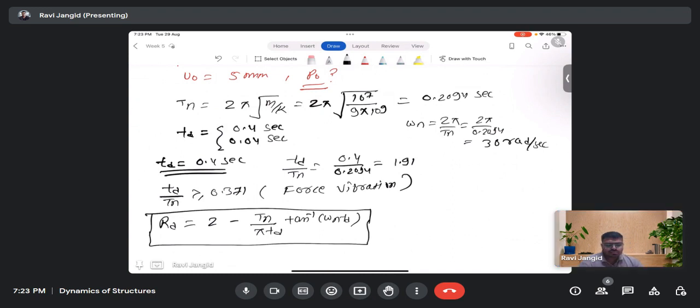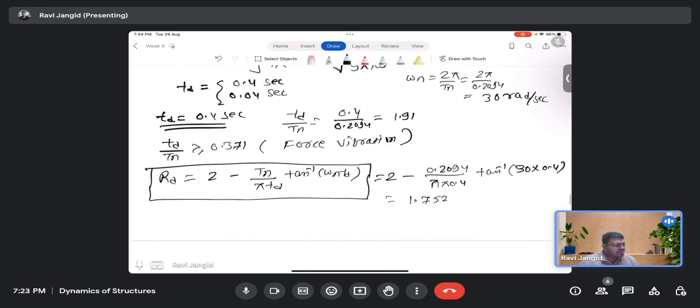1.75. Yes, it is coming out to be 1.75. If you put 2 minus Tn, which is 0.2094, over pi into 0.4, into tan inverse of omega n, which is 30, times Td, which is 0.4, you will get 1.752.